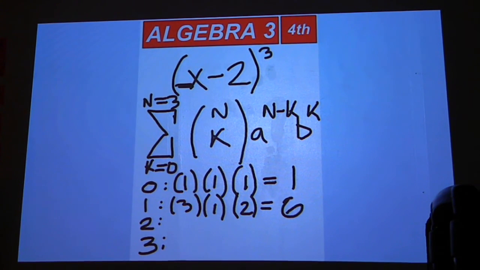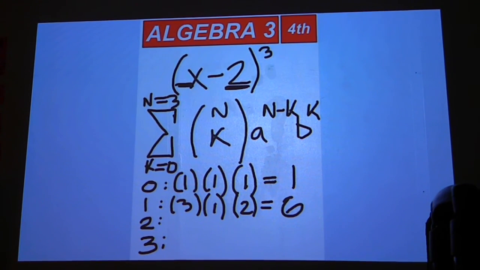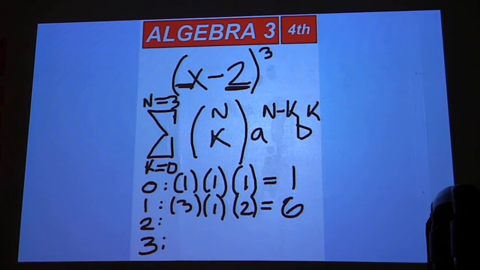B is 2. That comes from this spot up here, the minus 2. So we're not going to square that, but we just go to the first power because we have k equals 1 now. We just finished that, so we'll go to 2 now. N choose k. 3 choose 2. How many ways can you choose 2 from 3? 3.